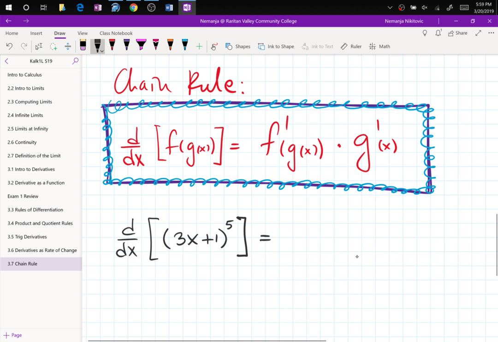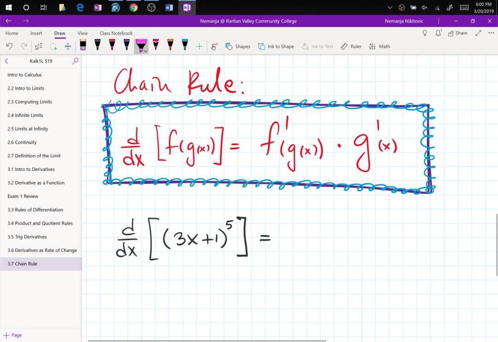But you would quickly say, all right, that was not fun. What do I do if the power is 50, right? So we do chain rule. And the chain rule goes this way. You can put some attitude to it if you want to, right?